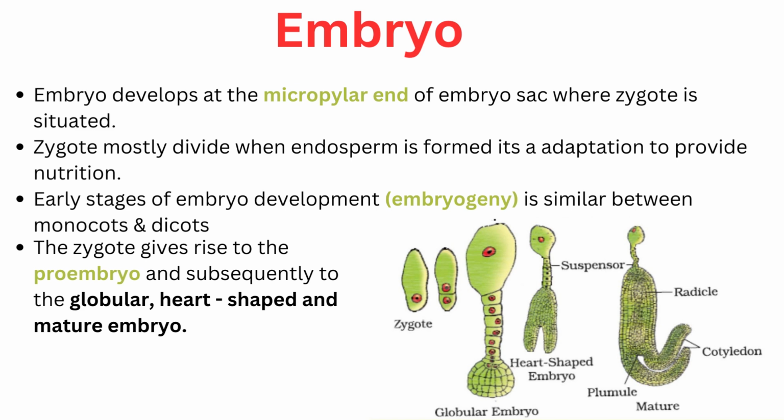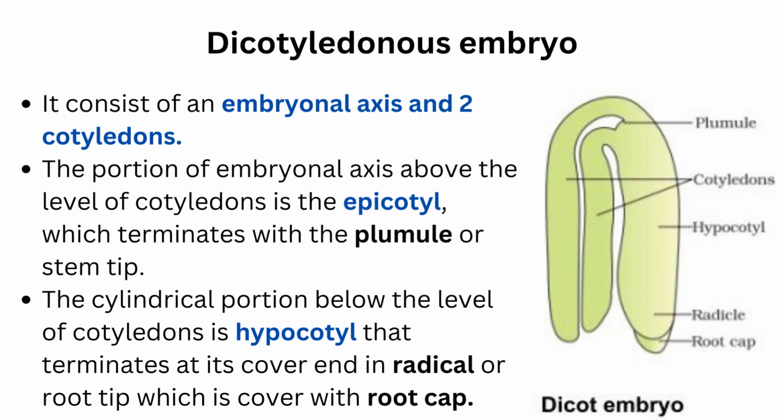Now coming to the dicot embryo. It consists of an embryonal axis and two cotyledons. The portion of the embryonal axis above the level of cotyledons is the epicotyl, which terminates with the plumule or stem tip.